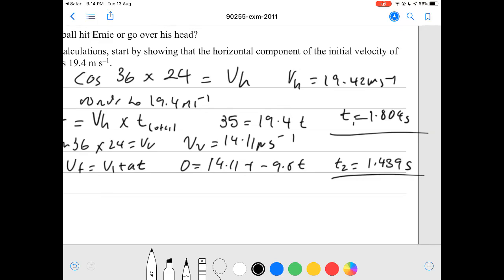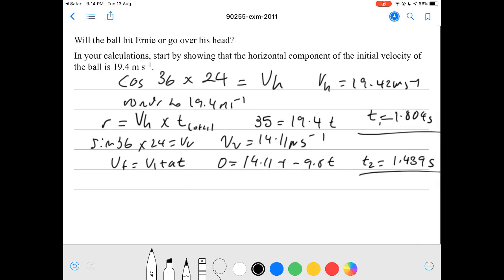Right, so our next step is to find our maximum height. We're going to use the formula D equals VI plus VF over 2 times T, using our same variables. So D equals VI, which we know is 14.11, plus VF, which we know is 0, divided by 2, times the time, which we just found was 1.439.